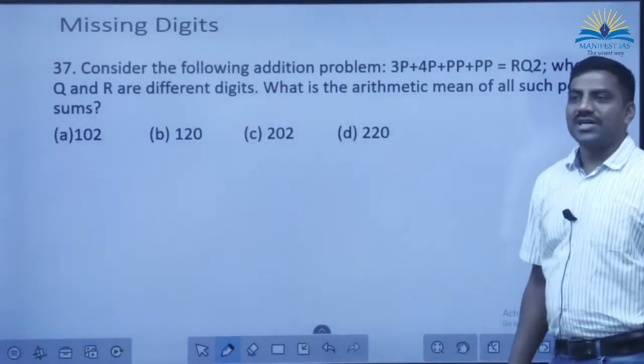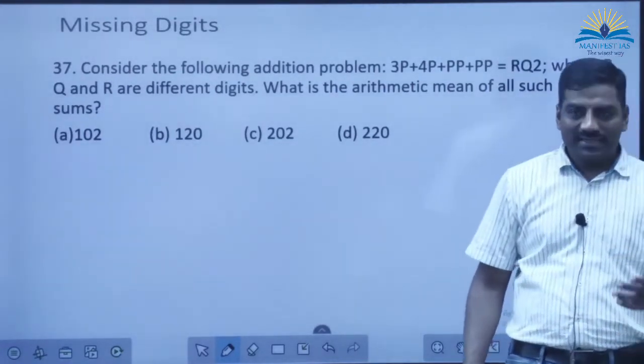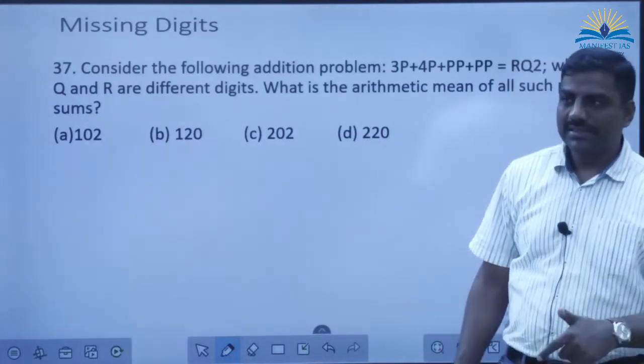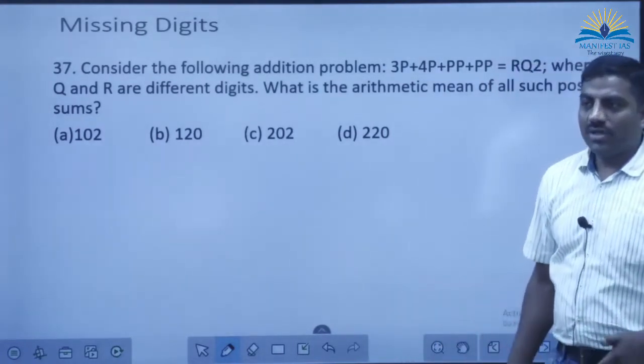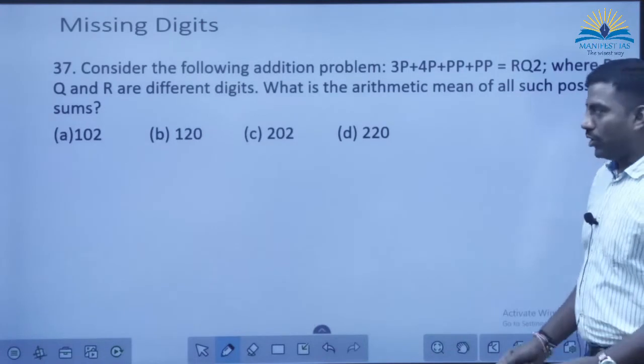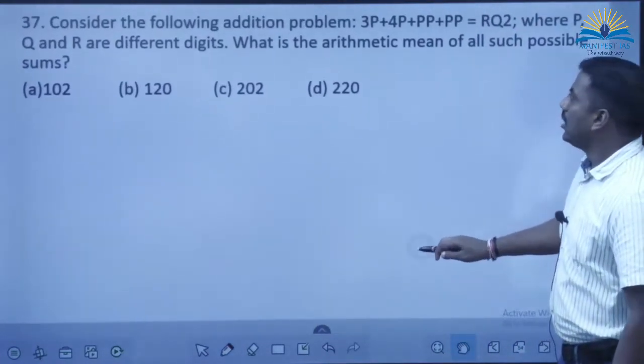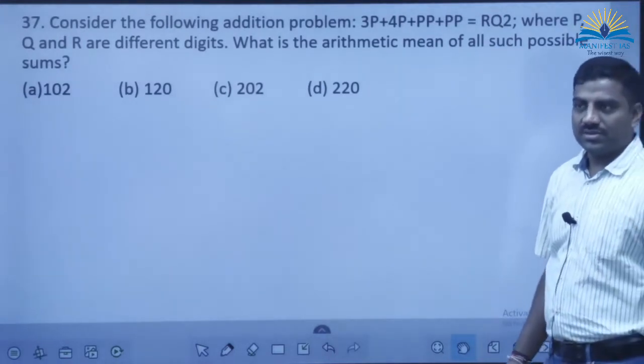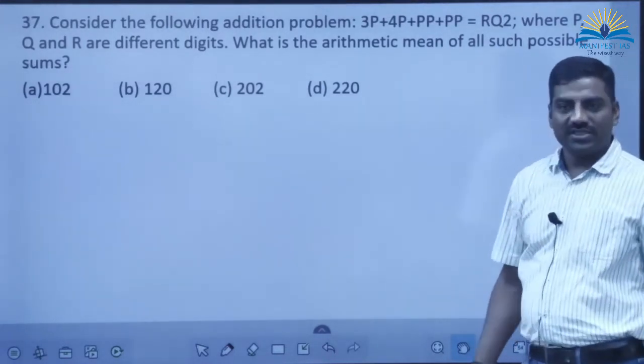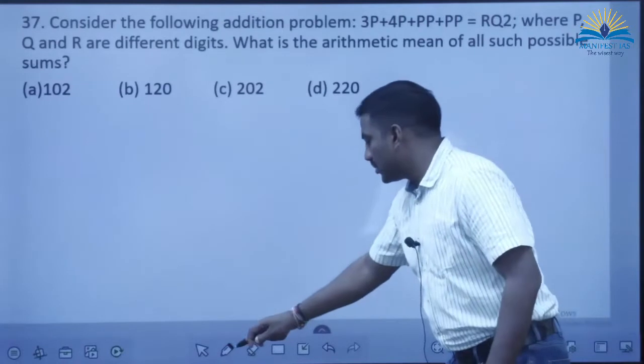Missing digits, this is fun again. It is logical reasoning also. It is kind of arithmetic also. And such questions are repeating a lot these years. Every year I am seeing 2 questions. Missing digits.